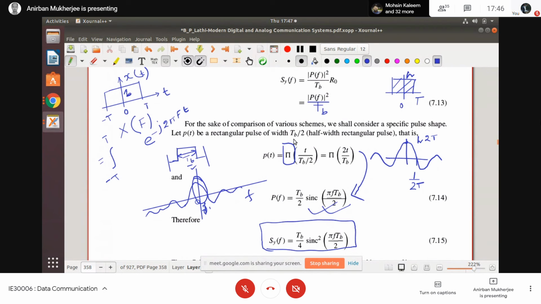Properties of Fourier transform. Okay, so this one, as per their notation, just let me avoid unnecessary confusion.